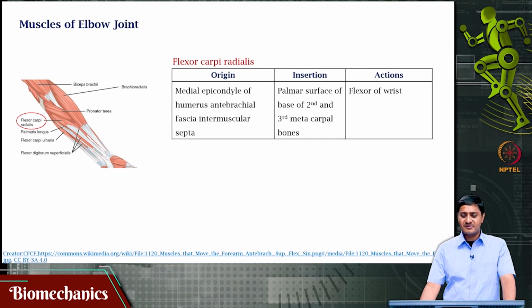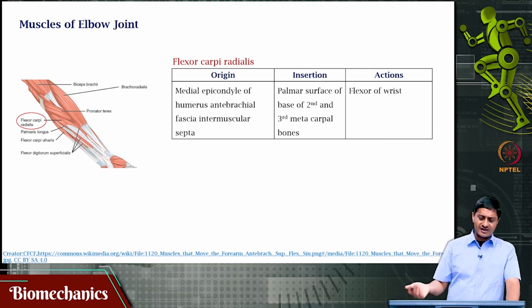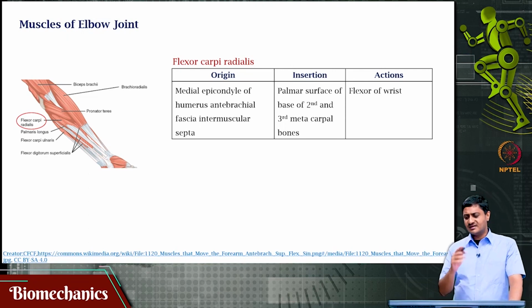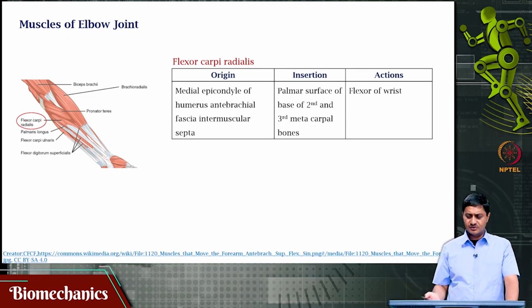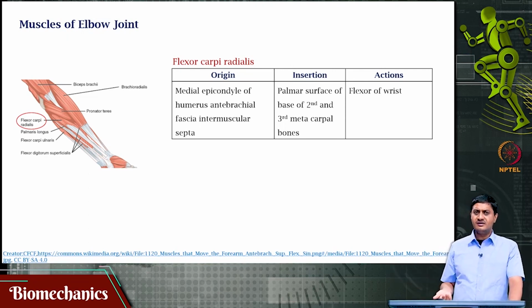So, some of them are responsible for that. Some muscles whose bodies are present across the elbow joint, particularly whose origin is in the upper arm, but whose function may not necessarily involve the movement of the elbow joint. We are classifying them as elbow joint muscles because they cross the elbow joint. They do not necessarily play a role in movement or action of the elbow joint, right.